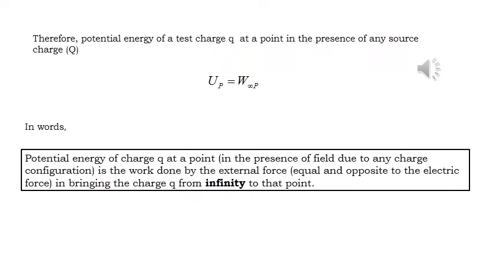The definition in words: the total work done in bringing a test charge q from an infinitely large distance to an arbitrary position P due to a source charge Q is termed the potential energy of the test charge at P.